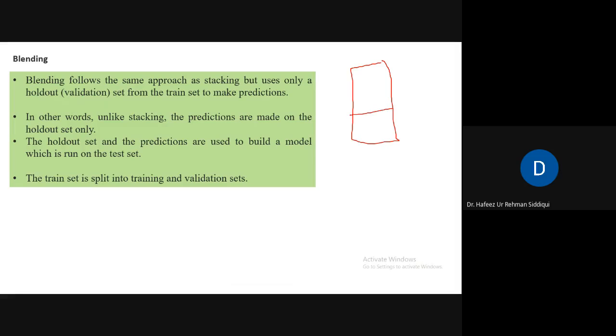You just divide it into two, one for test set and the other for training set. In the training set, spare some part and call it validation. Train your model on this and test on this. Validation plus test. So this is the difference between blending and the stacking algorithm.